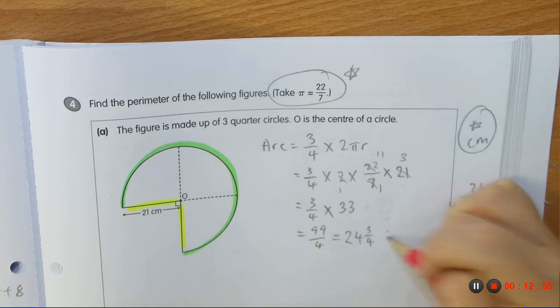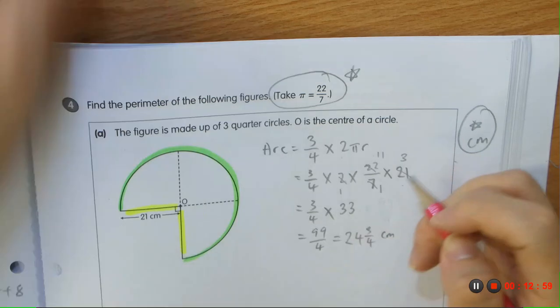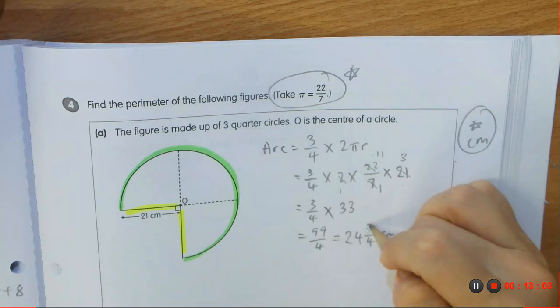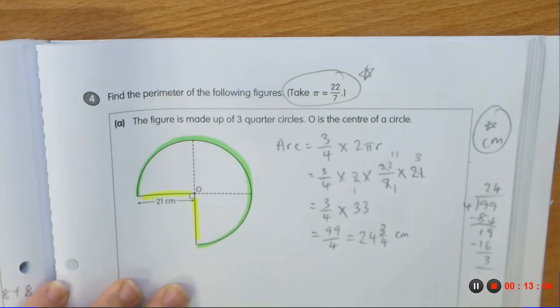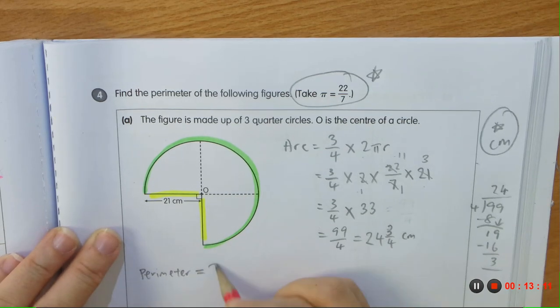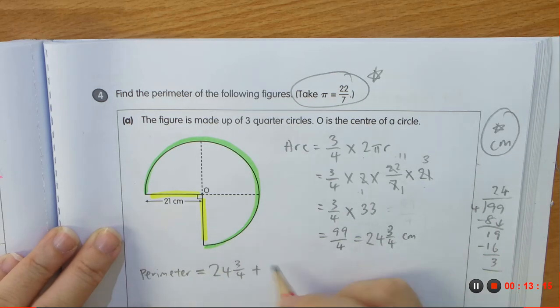The arc is 24 3/4 centimeters. Then I add the two straight sides, so the total perimeter is the arc 24 3/4 plus 21 plus 21. 21 plus 21 is 42. 42 plus 24.